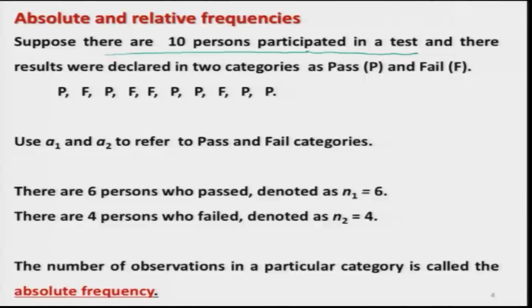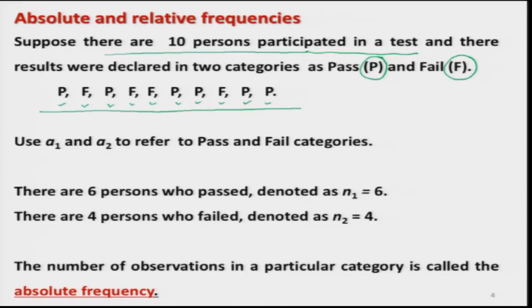The candidate who has passed has been assigned the letter capital P, and the candidate who failed has been assigned the letter capital F. So now you can see here the data of 10 candidates who either passed or failed, and their outcome is recorded here as P, F, P, F, F, P, P, F, P, P.